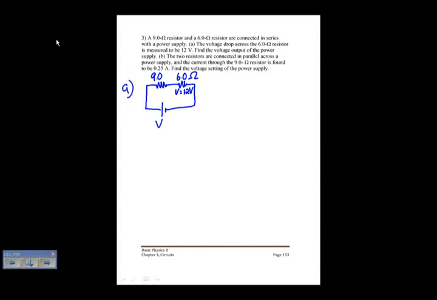Well, if we know what the voltage is across that resistor, then we can find the current through that resistor. And the current through that resistor is going to be V over R. That's the voltage drop across that resistor divided by the resistance of that resistor, which is equal to 2 amps. That means that there is 2 amps of current flowing through the 6 ohm resistor.